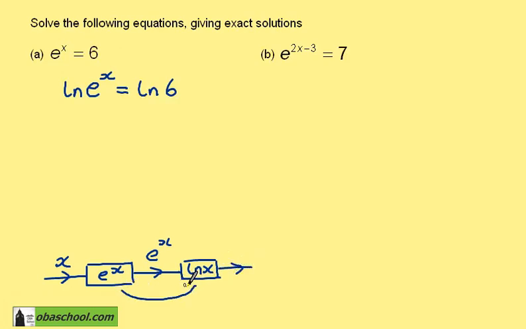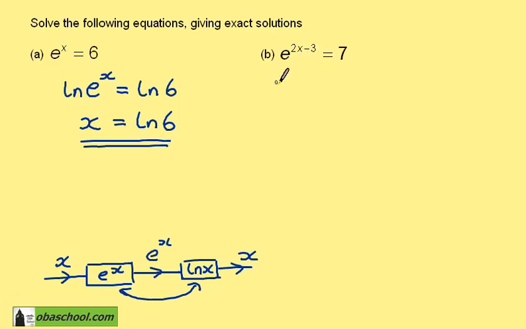These functions are inverses, so ln x undoes what e to the x does, and therefore gives us back x. Therefore, this side of the equation is just x, and that's equal to the natural log of 6.